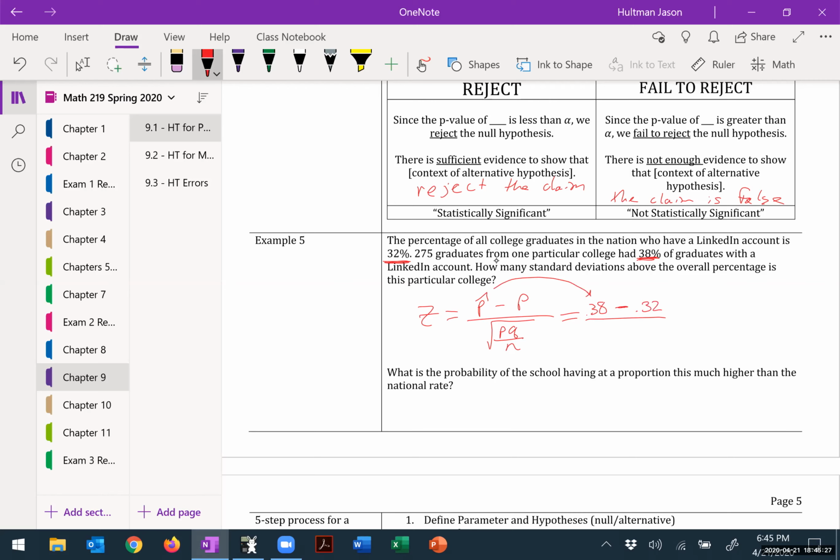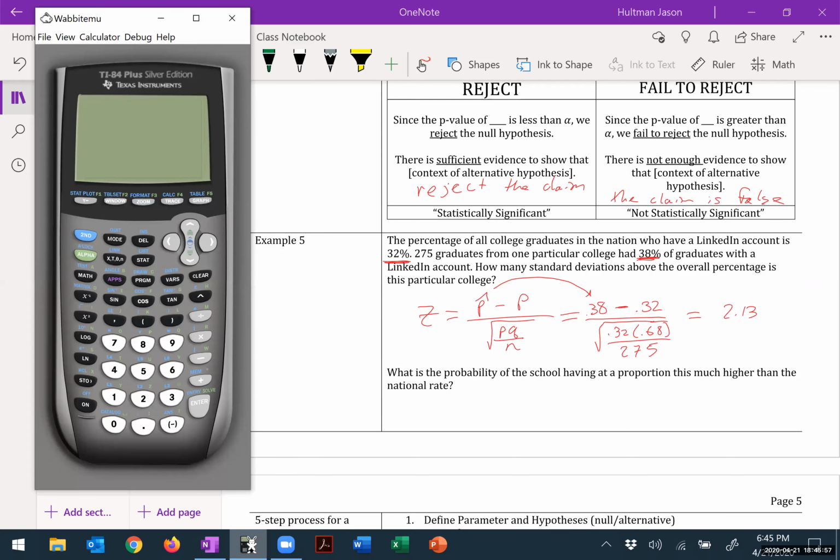Let's calculate how many standard errors away from the mean this is. This is going to be 0.32 times 0.68, p times q, all over 275, which is n. If you calculate this on a calculator, this comes out to be 2.13. Let's do that real quick, just to make sure that we know how to input this into the calculator properly.